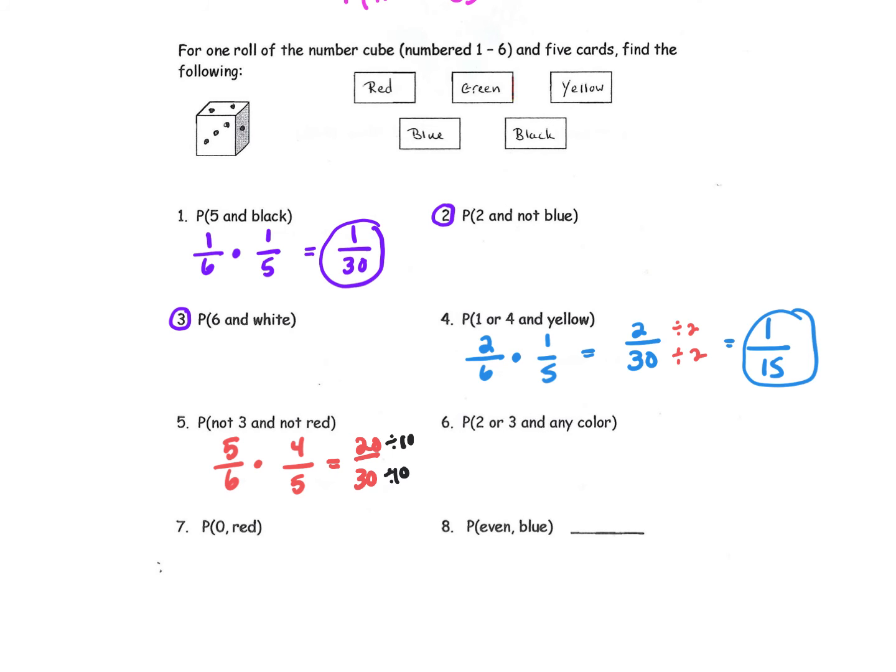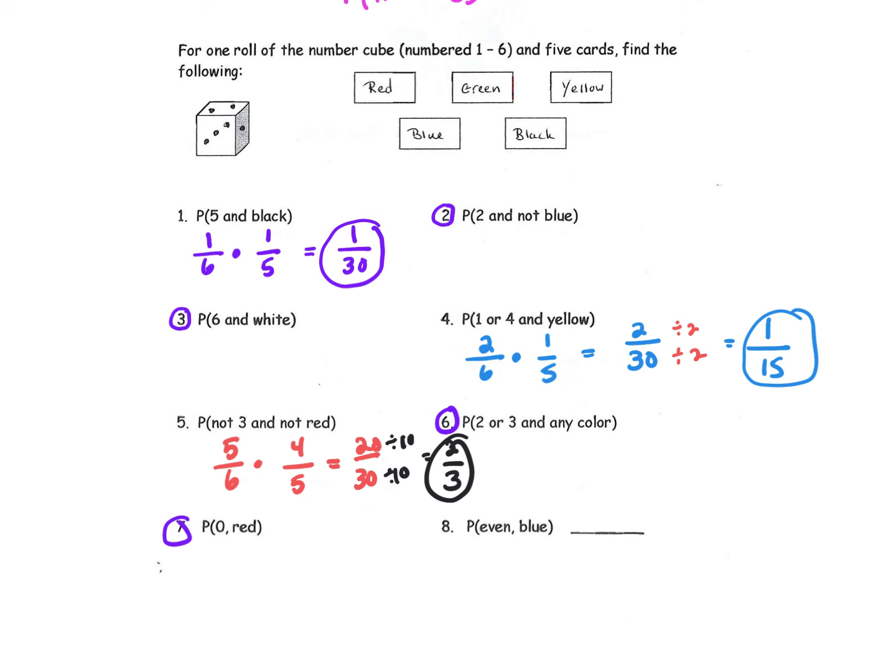That's a common factor, and we would end up getting 2/3. Okay, so I'd like you to try number 6 on your own, and then number 7 on your own, and we're going to go to number 8.